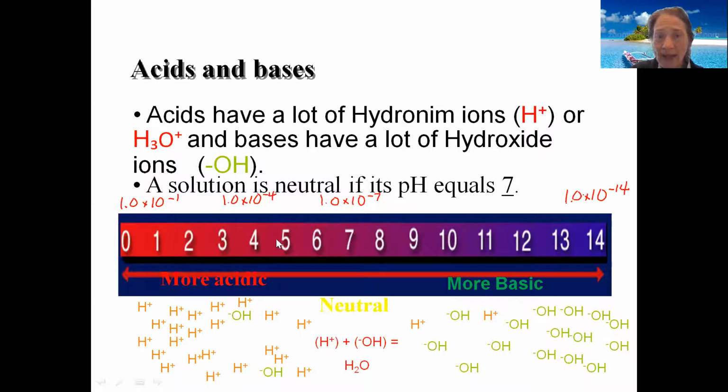These are weak acids. They have a higher pH than a strong acid. What has a higher pH? A strong base as opposed to a weak base. These are your weak bases, okay?